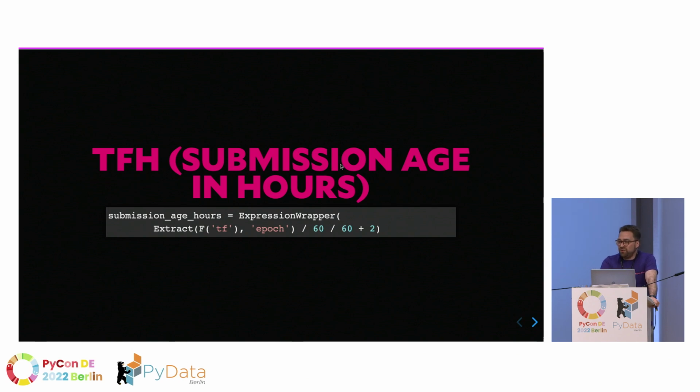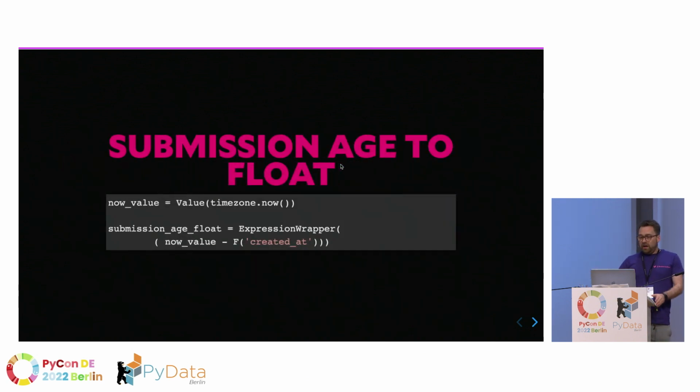So we get the submission age in hours by taking the time converted to float from seconds to hours, by dividing it by 60 twice. And we get the submission age in seconds by just using this expression, which automatically will result in a float field.